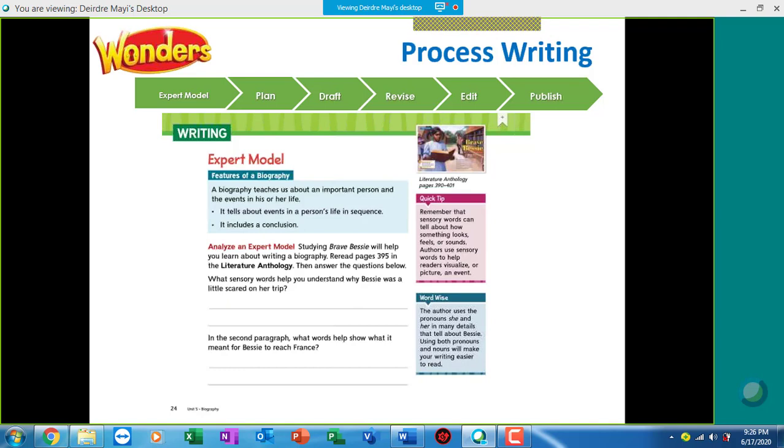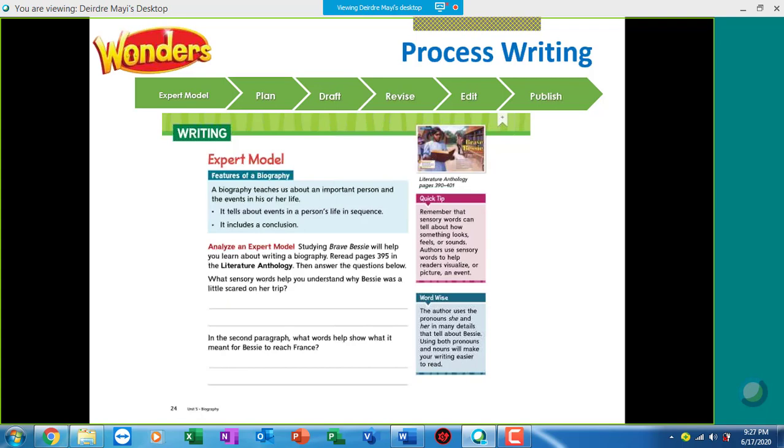So when we begin with the expert model, the expert model is always from a piece of text that the students have already read. Now, let me be clear. The selection that you see on the screen is a selection that students would have read during a previous week. But we'll talk about why this selection is a perfect expert model.